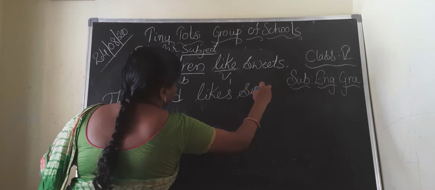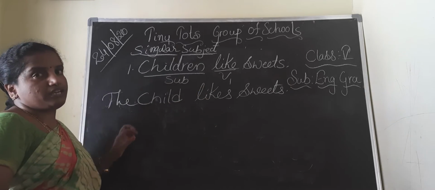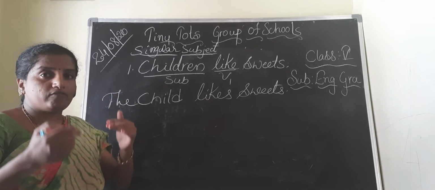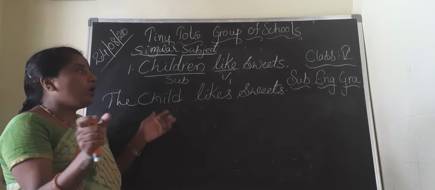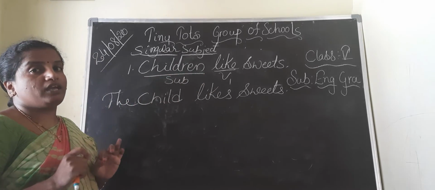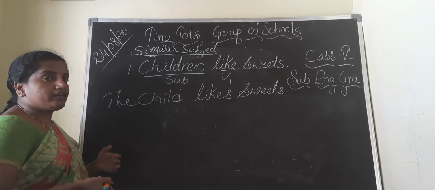So, the child likes sweets. When we change the subject into the singular, the verb will automatically change. You have to be very careful, children, when you change the subject of a given sentence.